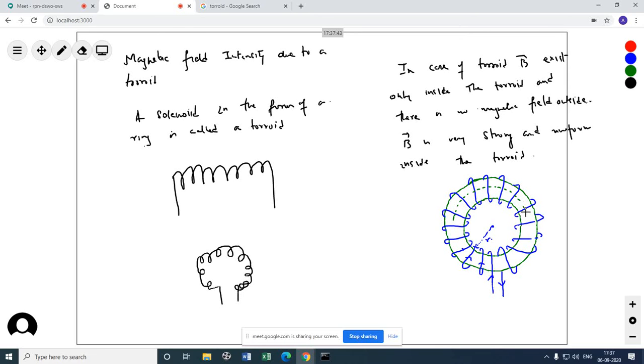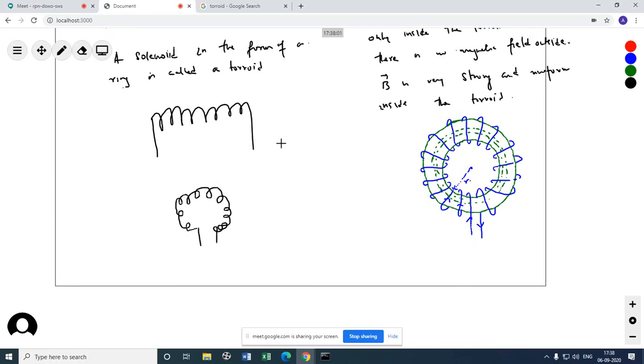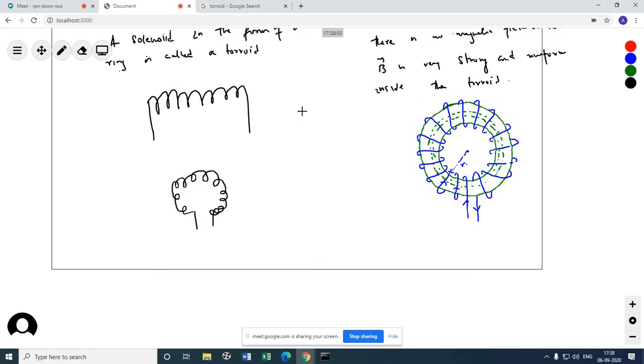These circles you see, these magnetic field lines exist only here in the form of concentric loops like this, not intersecting, not disturbing each other, they stay in the form of loops.